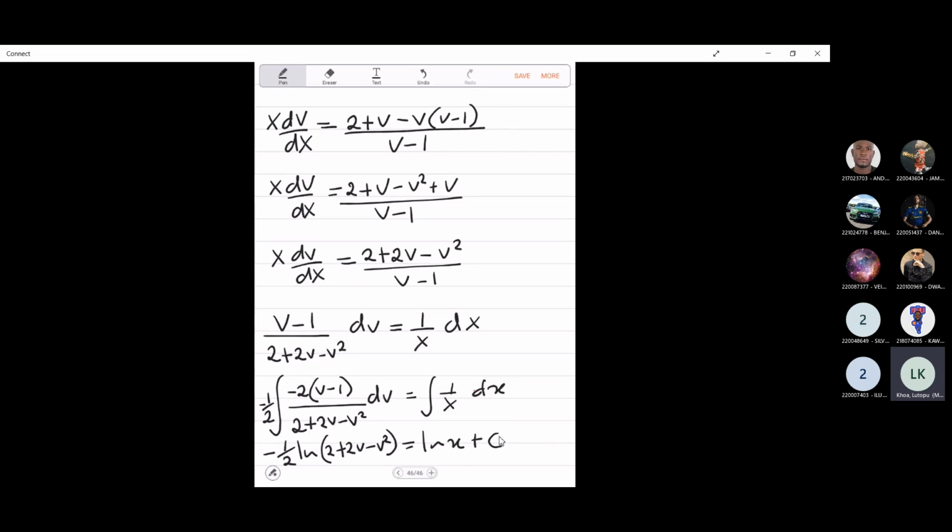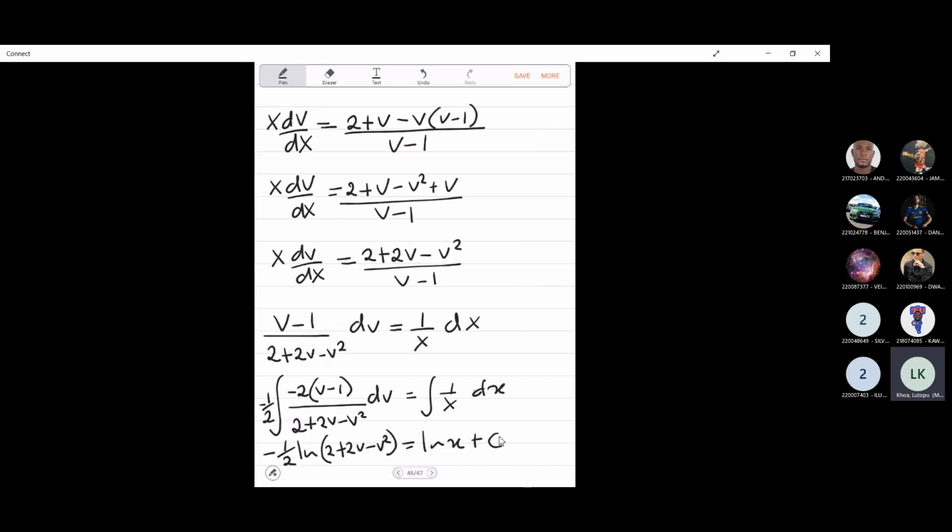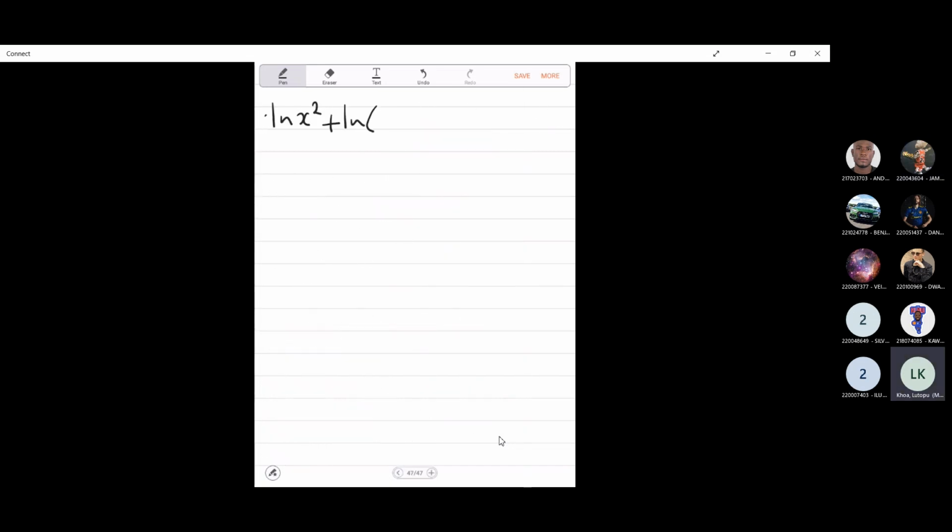So here, take this to the other side, multiply everything by 2. Then we have ln of x squared plus ln of 2 plus 2v minus v squared. And again, I just leave it as a constant, not negative 2c.